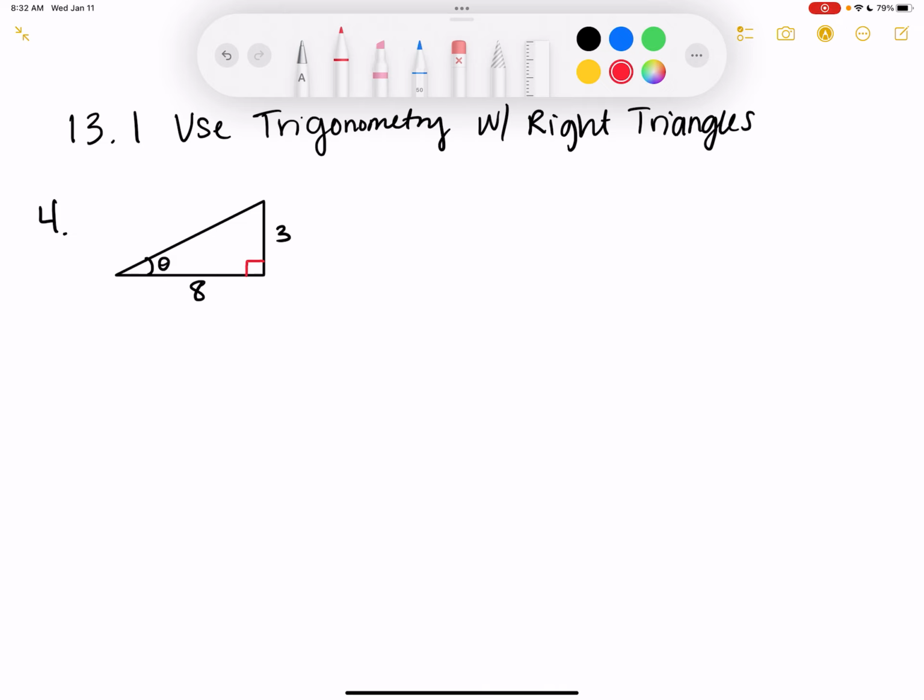Find what's missing, then we have to solve each of the 6 trig functions with that. So how would I go about finding this other side? See if we remember from geometry. Pythagorean theorem. So that's going to be 8 squared plus 3 squared is equal to c squared.